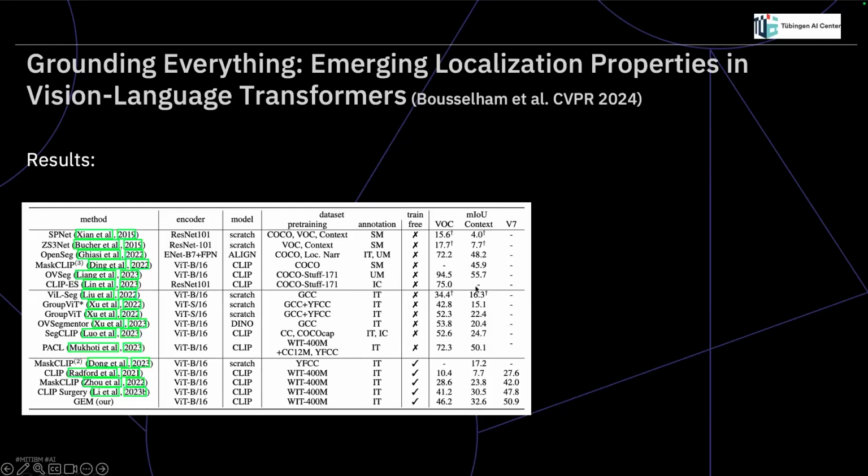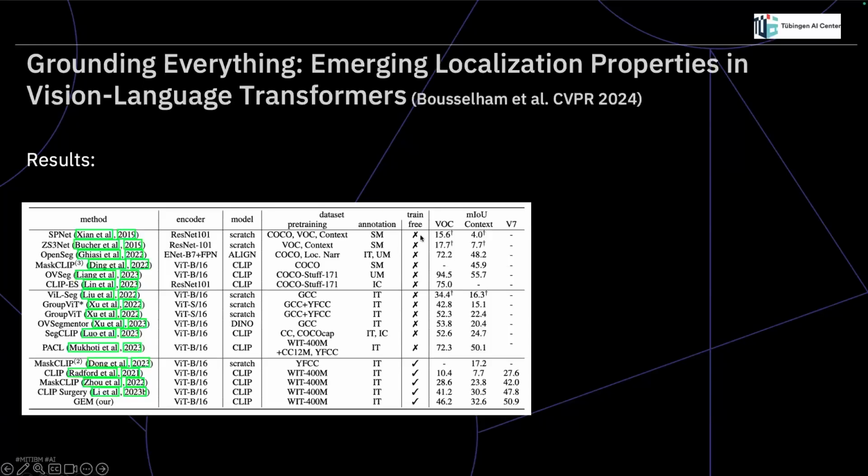Like OVSeg is a very strong baseline. SegCLIP is a very strong baseline. PACL is always running a bit out of competition because no one was able to reproduce the numbers so far. So probably keep an eye on OVSeg and SegCLIP as the poster boys of localization.